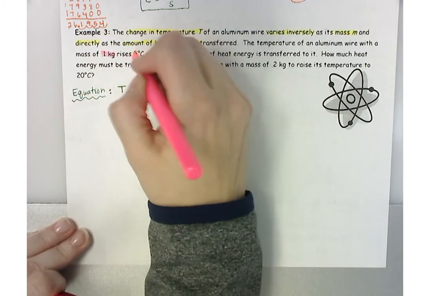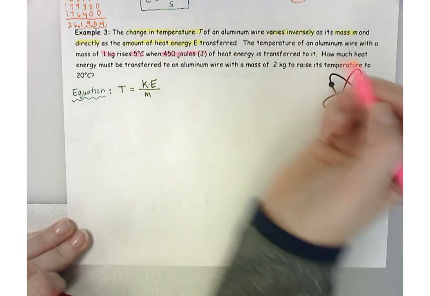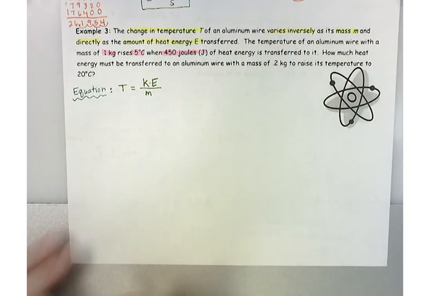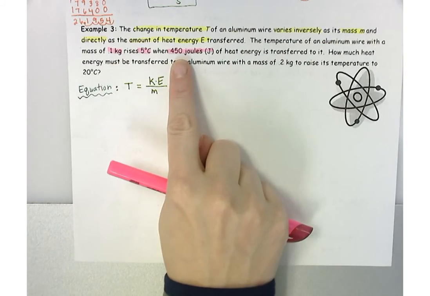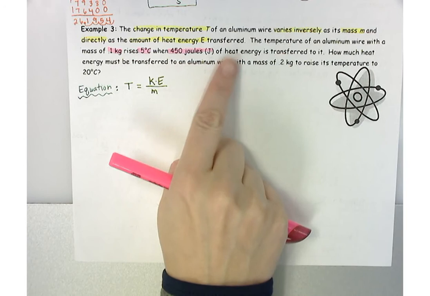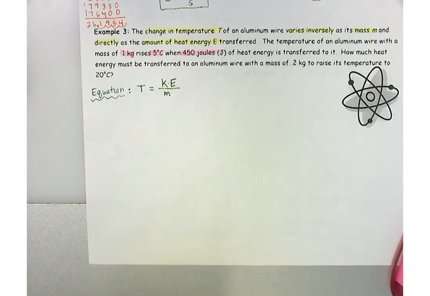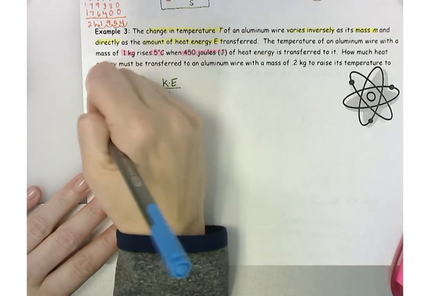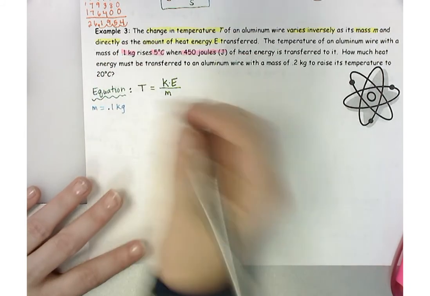Okay, so we are going to solve for K. So I have 5 equals K times 450 divided by 0.1. Now there are different ways you could do this. You could do the division first.